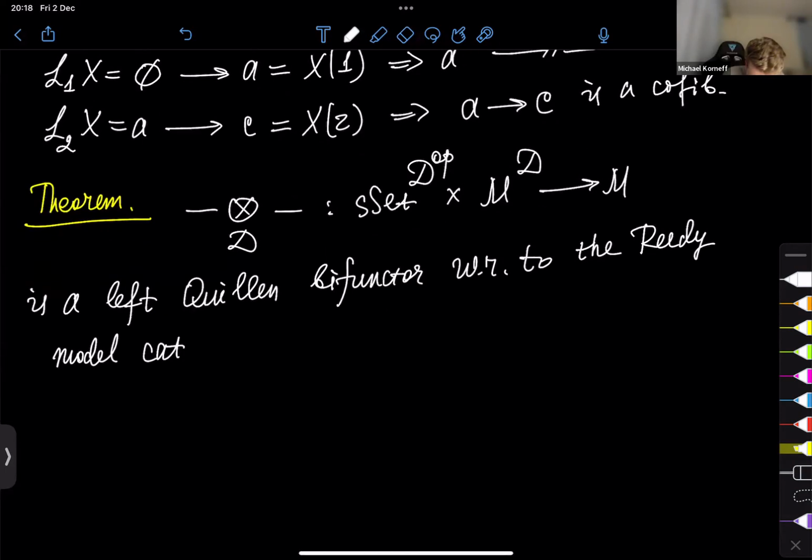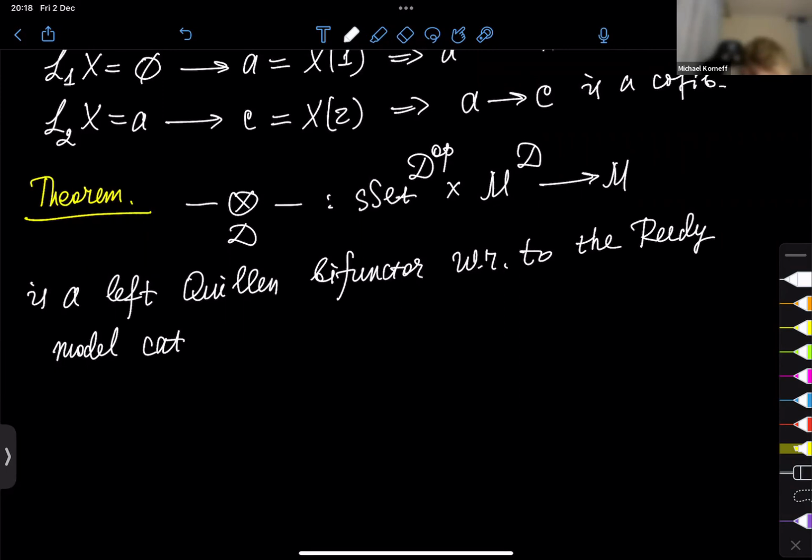And similarly, the statement is true for the cotensor product.